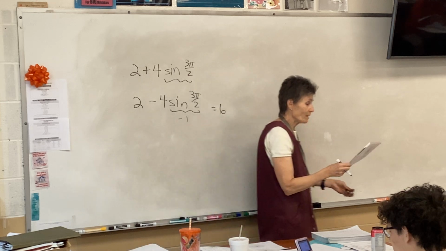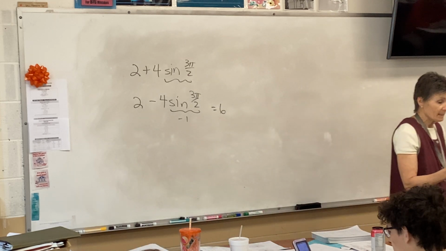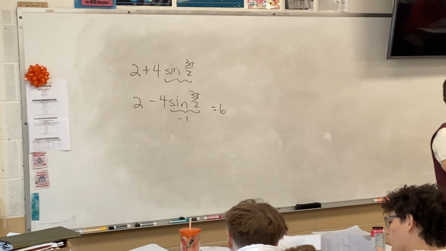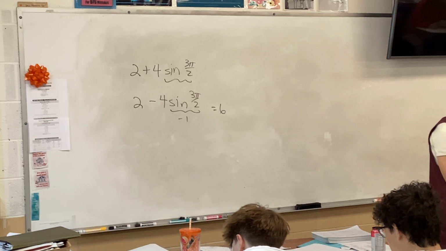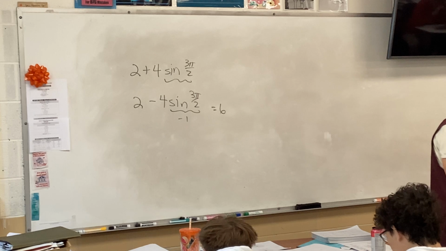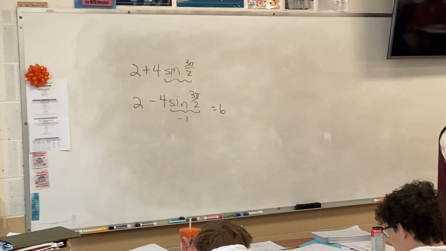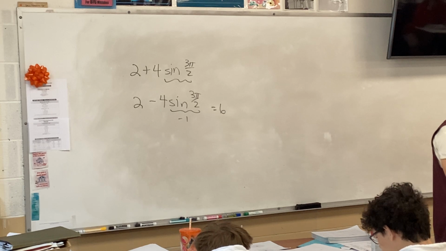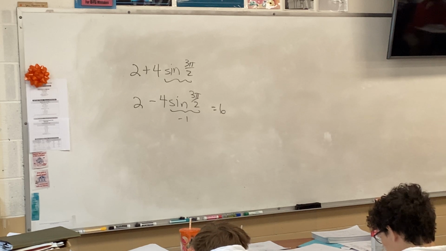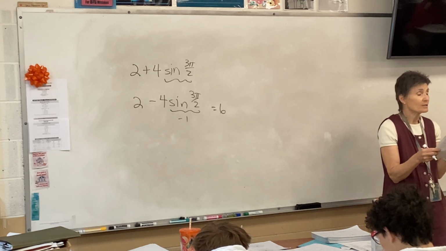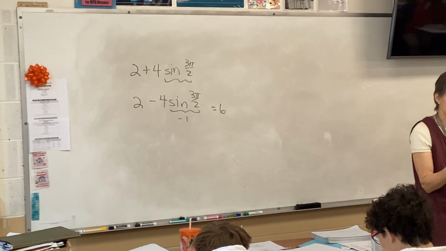Now, question 4 is a little bit different. In question 4, they give you part of the picture and they give you the equation. Basically, they're asking you what part of the picture they have given you.